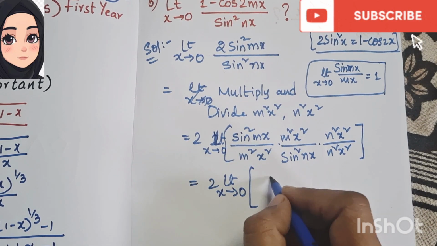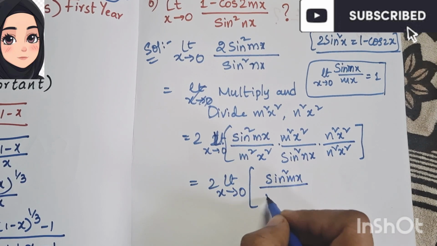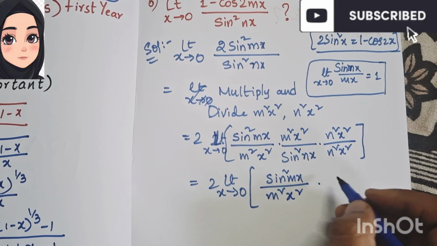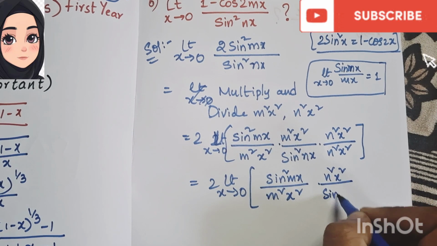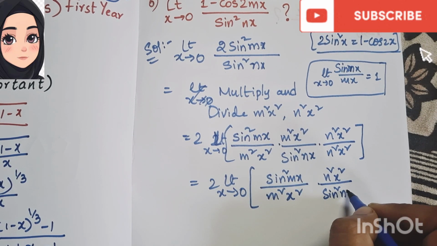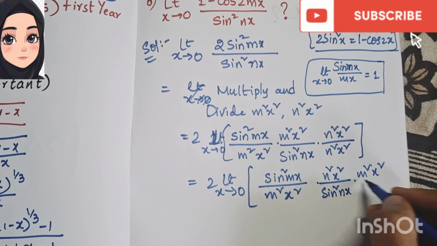Now see here, sine square mx by m square x square into n square x square by sine square nx into m square, here we are writing this.